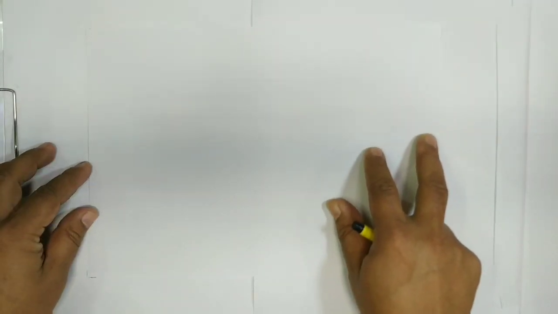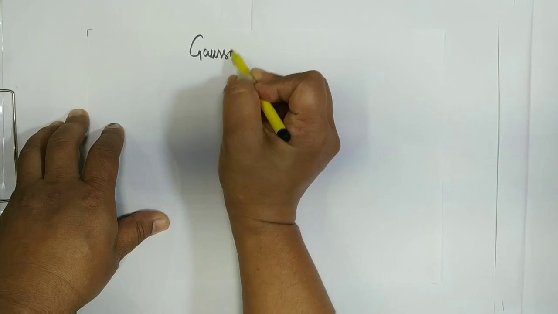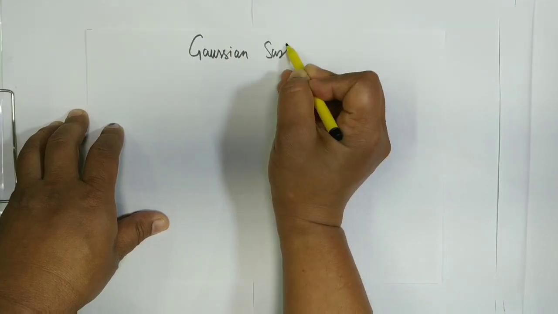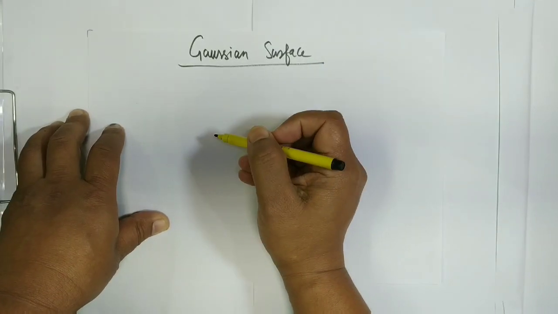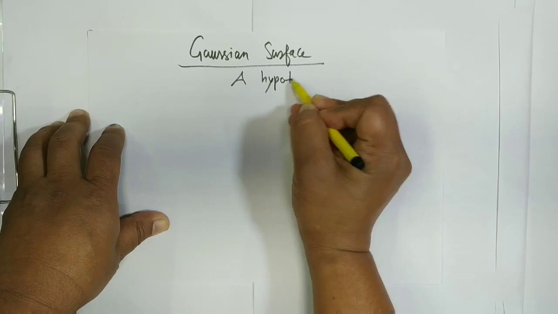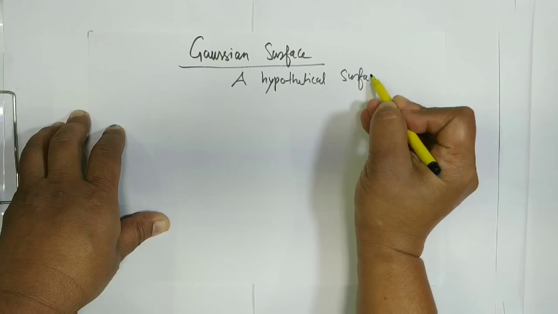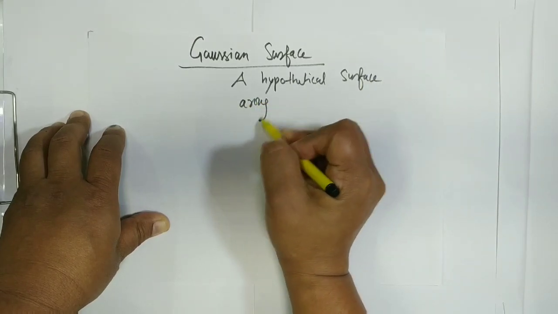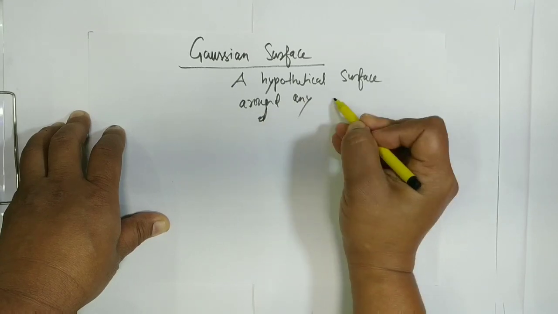Now, a very important theorem we are going to talk about is the Gauss theorem. But before going to the Gauss theorem, we have a very small concept, the Gaussian surface. What does it mean by Gaussian surface? It is very simple: it's a hypothetical surface around any charged body.